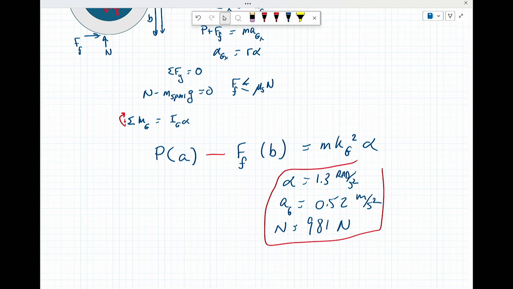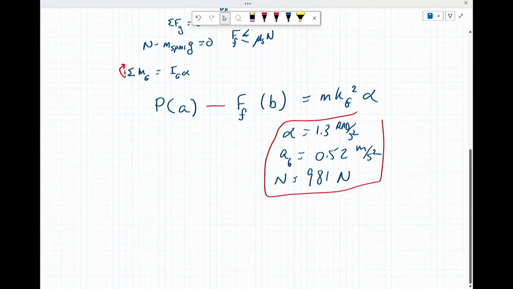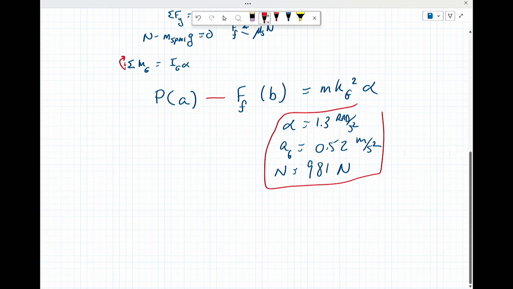I'm not done because I really don't know yet whether or not it's slipping. All I know is that for the set of assumptions that I have put in here, I'm okay. I can start with this and say, okay, I've got 981 newtons. So force of friction based on this will equal 2 newtons.